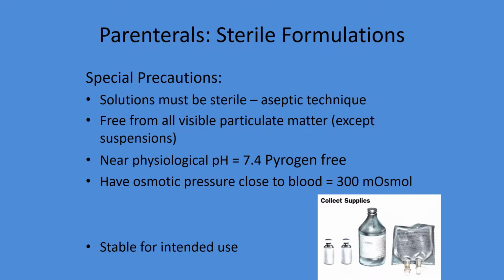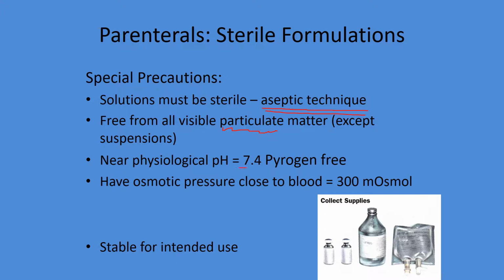Some special precautions. So we'll talk more about the actual process, aseptic technique, next time, but make sure it's free from any particles. So if it's a clear solution, put it against a black background. If it's a milky solution, put it against a black background just to see if there's anything floating.